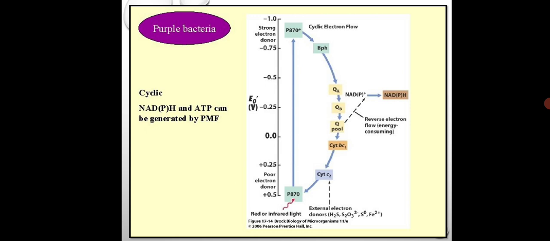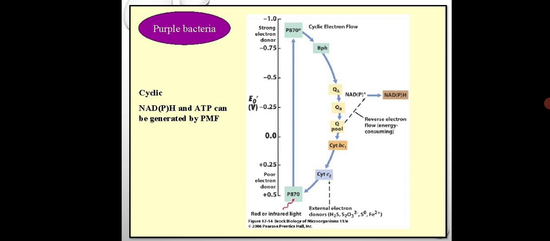If B is reduced, it can reduce the C compound. So the overall concept is that high reduction potential can pass the electron to low reduction potential. So if A is in the reduced form, it can reduce the compound B. B can reduce the compound C.